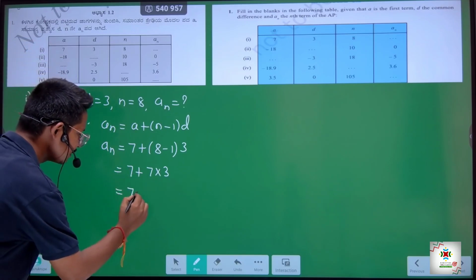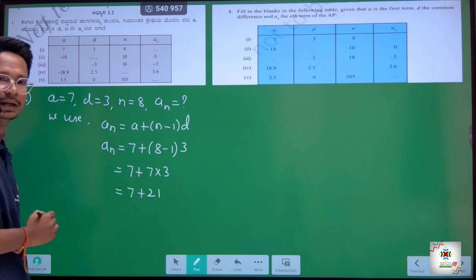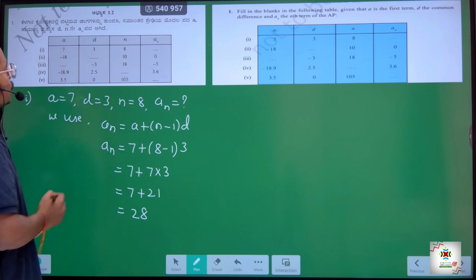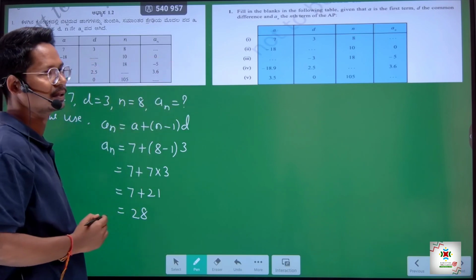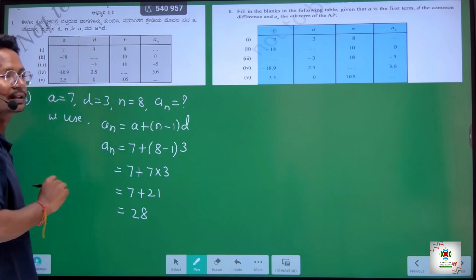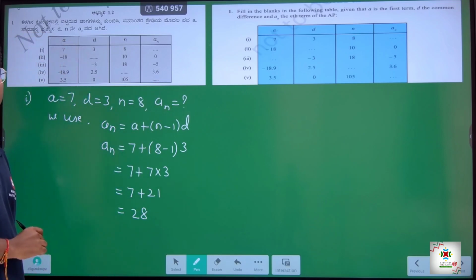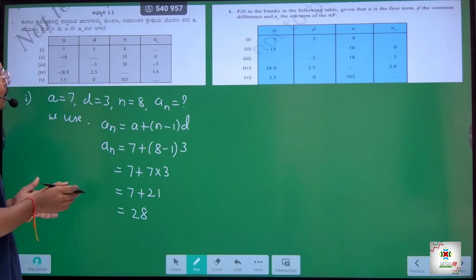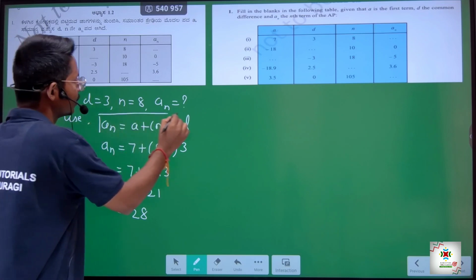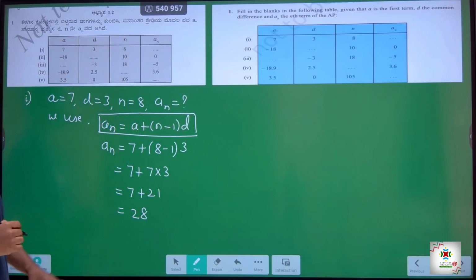You write 7 as it is, plus 7 into 3, 21, 7 times 3 is 21. Now you can add, you will get 28. So in the given list of numbers, if the first term is 7 and the common difference is 3, then the 8th term is going to be 28. So you do not need to find all the terms, isn't it? Just by using the nth term formula, you can find any term.